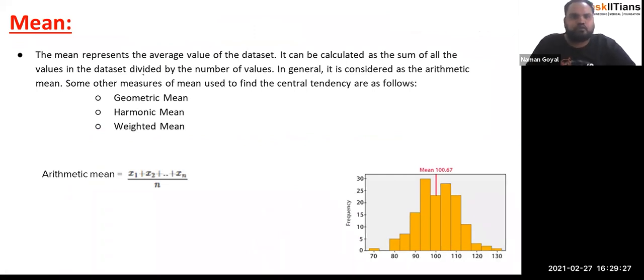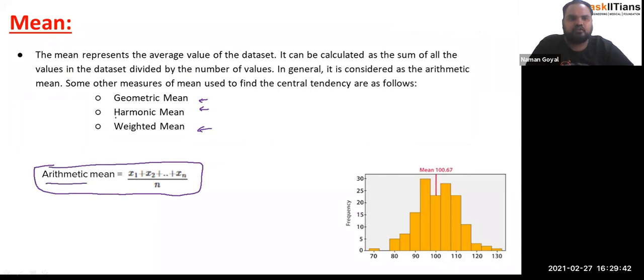Okay. So see, mean is of three types: geometric mean, harmonic mean, and weighted mean. But we are going to learn about simple arithmetic mean. In our course, there is only arithmetic mean. Now what is it? Listen. The mean represents the average value. As I told you in previous slide, mean is also known as what? Average of the data set.